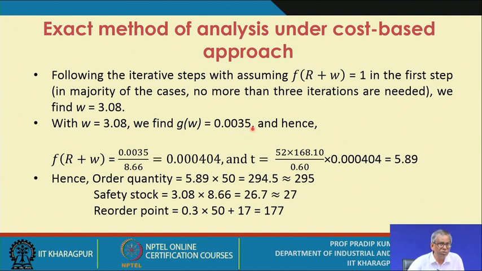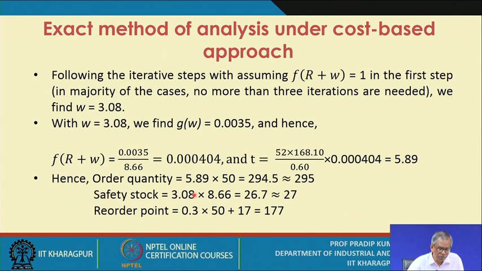That means you refer to the standard normal table, and hence F(R plus W) is equal to this. That means it is to be divided by the standard deviation, that is 8.66, the 5 root 3. So this value is 0.00404, and the value of T is 5.89 weeks. Hence the order quantity is 5.89 into 50, that is 2995.